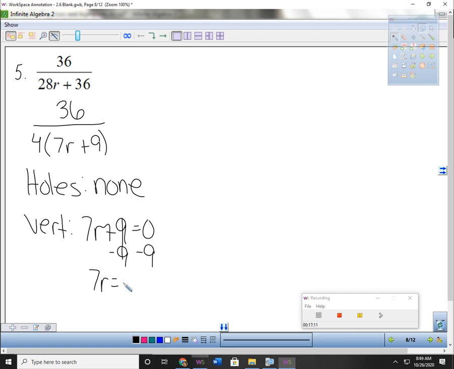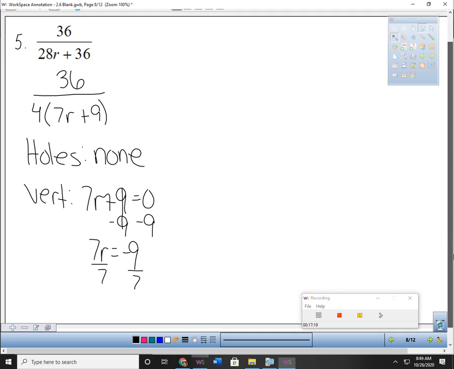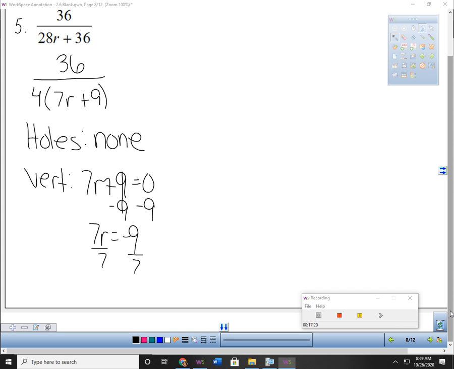So 7r is equal to -9. And then divide by 7. So I have a vertical asymptote at -9/7, which would be -1 2/7, so a little bit past -1.